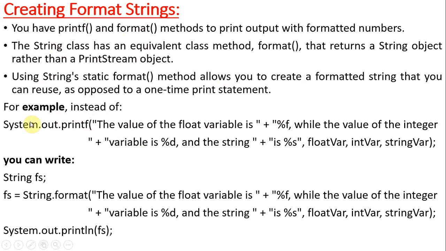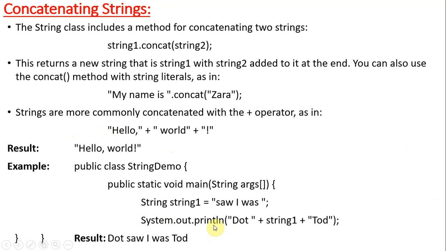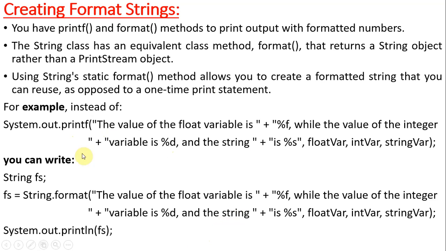So with System.out.printf, only then can you use these format strings. In System.out.println you cannot use them. The other way is by using the format method of the String class.